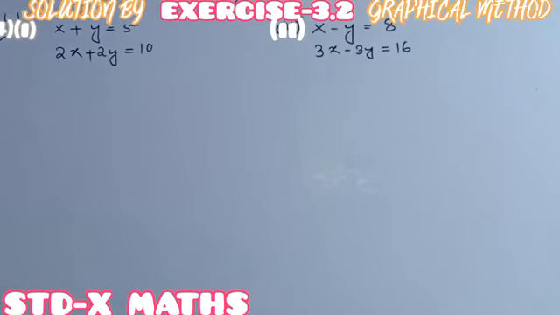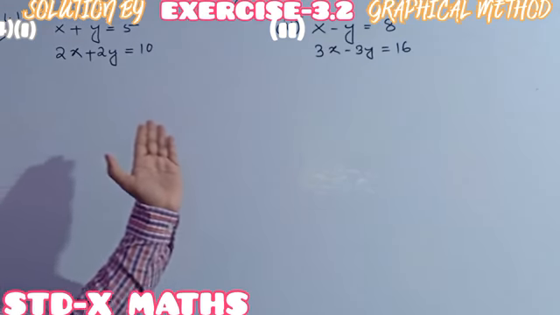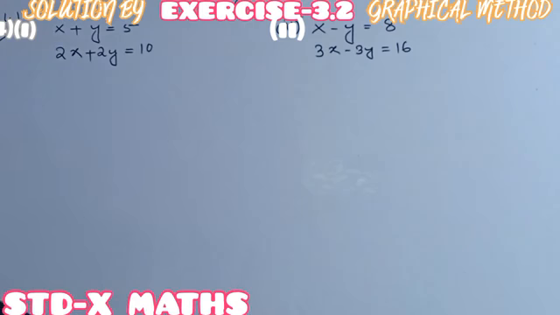In question number 4, a pair of linear equations is given. This type of 3 or 4 questions are there in our book. And it is asked that you just have to check whether the pair of linear equations is consistent or inconsistent. If the pair of linear equations is consistent, then you have to draw the graphical representation and find the solution.